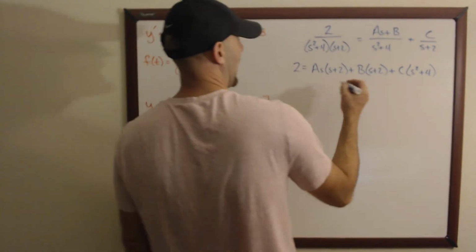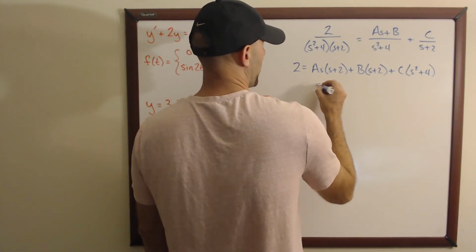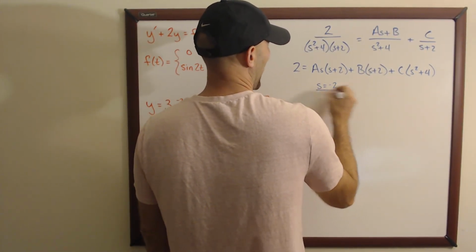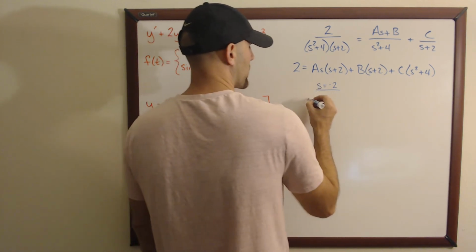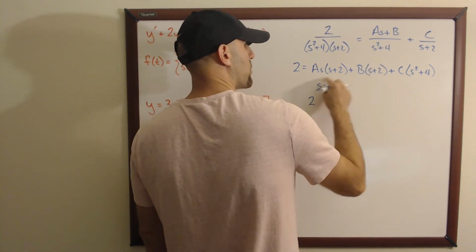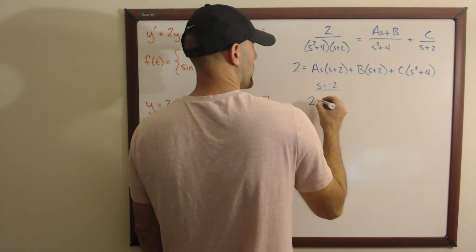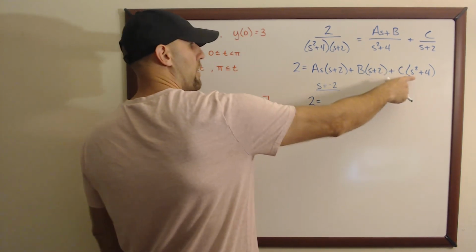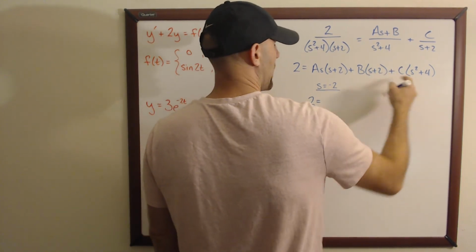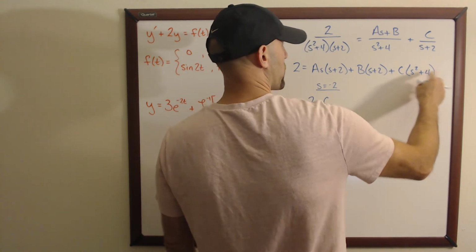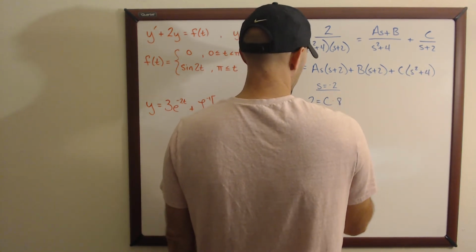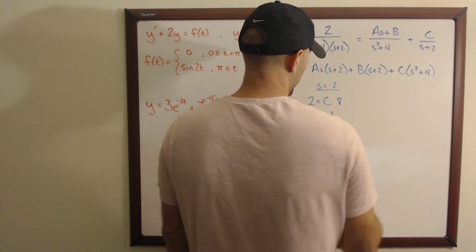Okay. Again, I can get at least one cheap value here, considering s is equal to -2. The left-hand side gives me 2. These two terms will both die because -2 plus 2 is 0. But over here, I get c times -2 squared plus 4. That's c times 8. c is equal to 1/4.